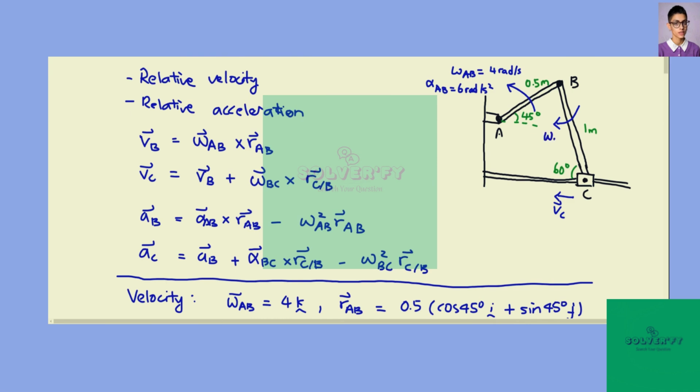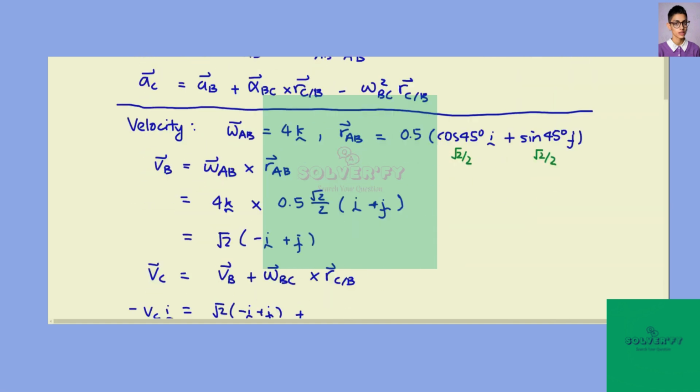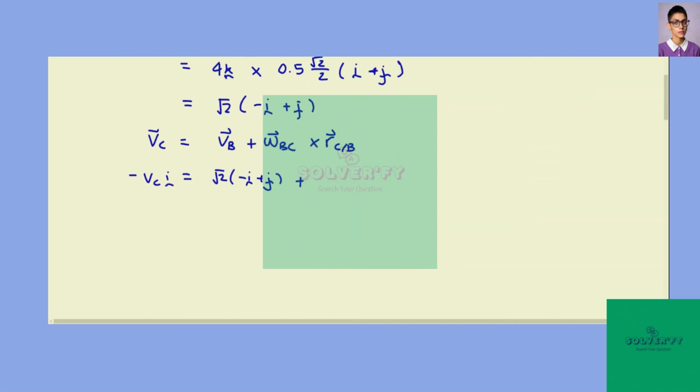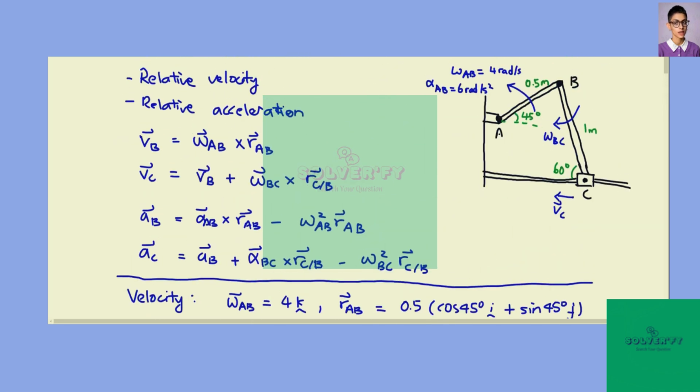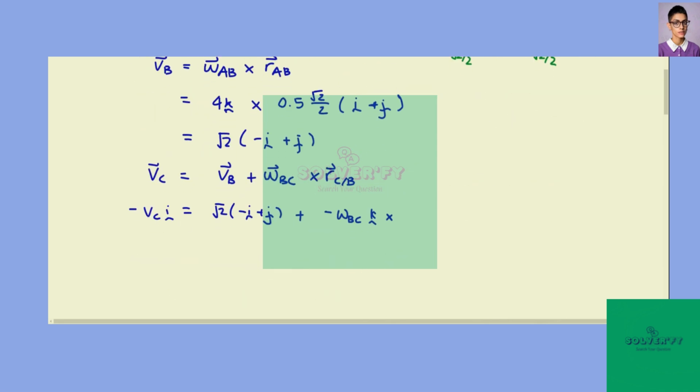We expect omega BC to be clockwise, so minus omega BC k cross RC relative to B, which is cosine 60 degrees I minus sine 60 degrees J.